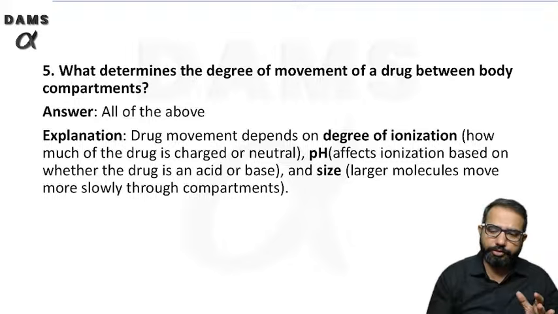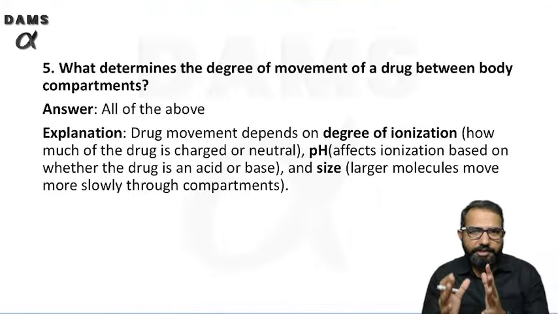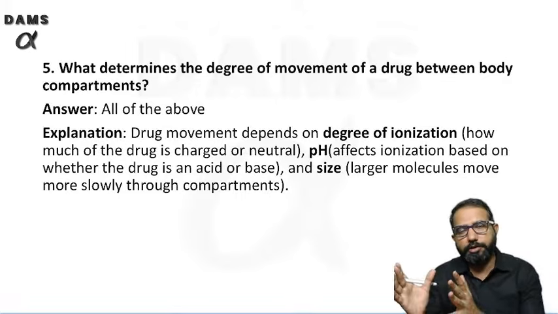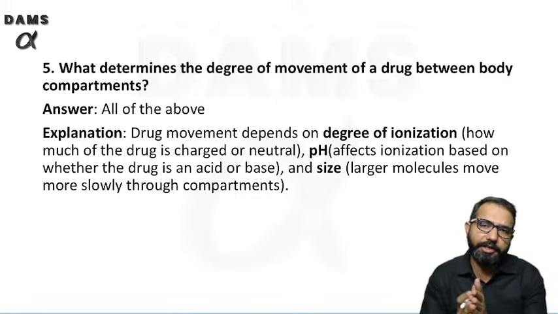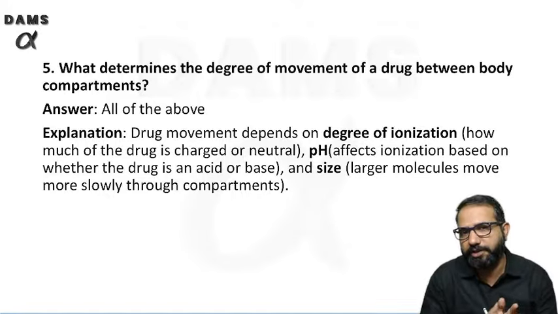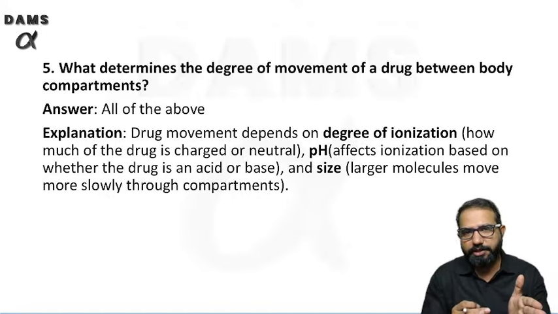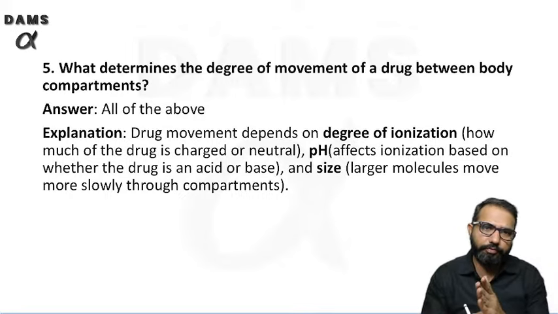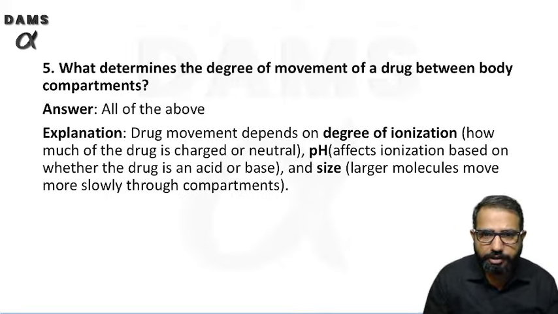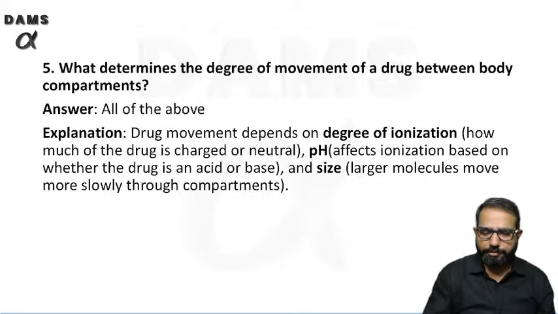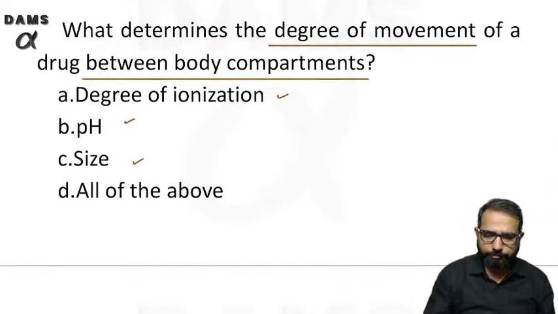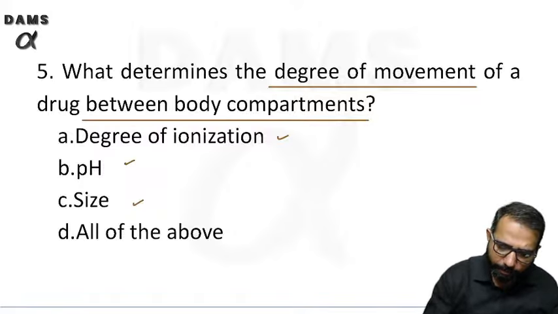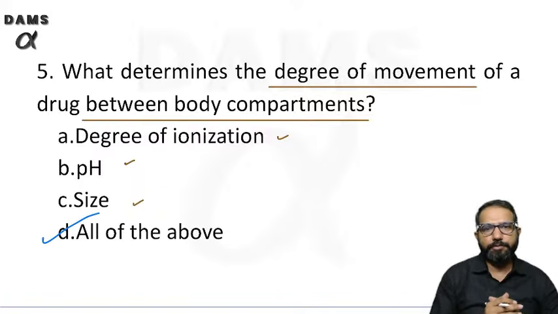So if I ask you, sir, acidic drugs, they have more transport in the acidic area or they have less transport in the acidic area? सोचिए, ड्रग एसिडिक है और कंपार्टमेंट एसिडिक है, they will have more chances of transport, diffusion or less chances. What do you think? So all these are important factors.